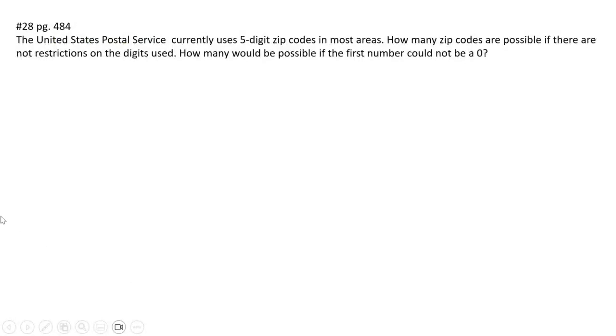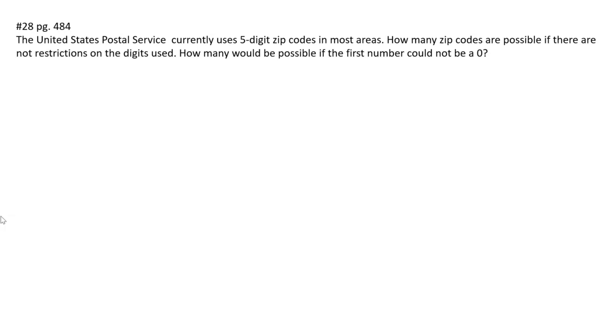Okay, now let's continue using the multiplication principle. This is actually number 28 on page 484. This is the question here. The United States Postal Service currently uses 5-digit zip codes in most areas. How many zip codes are possible if there are no restrictions on the digits used?